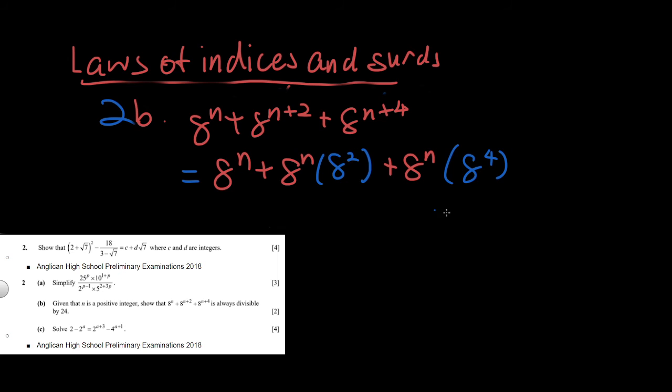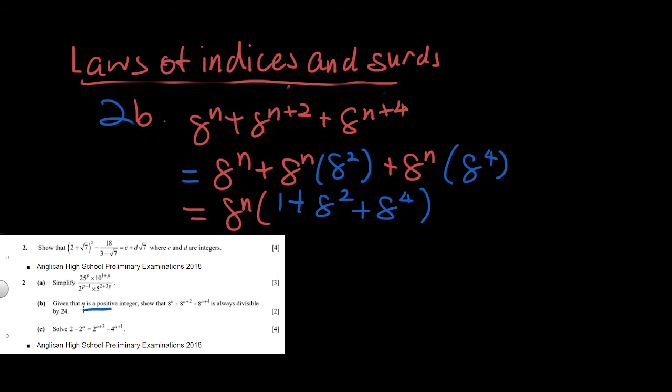So you're left with this, then you see that this has 3 common terms, so what you can do is factorize it out, and you're left with 1 plus 8 squared plus 8 to the power 4.